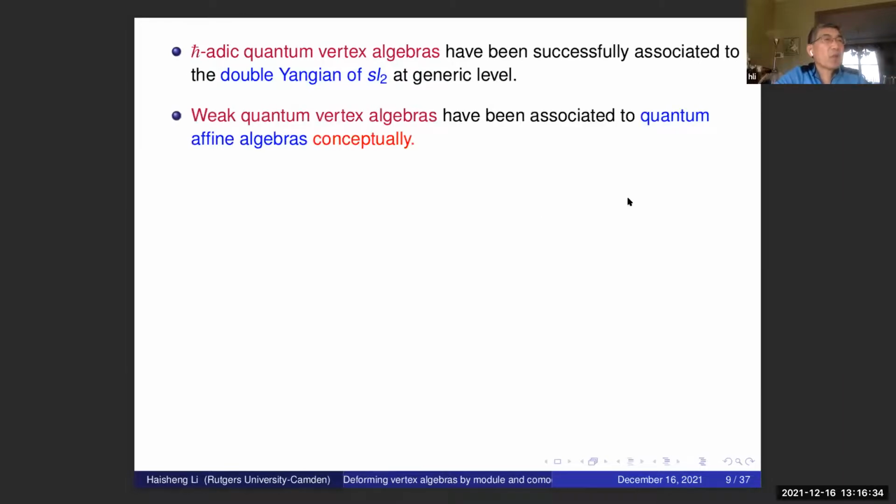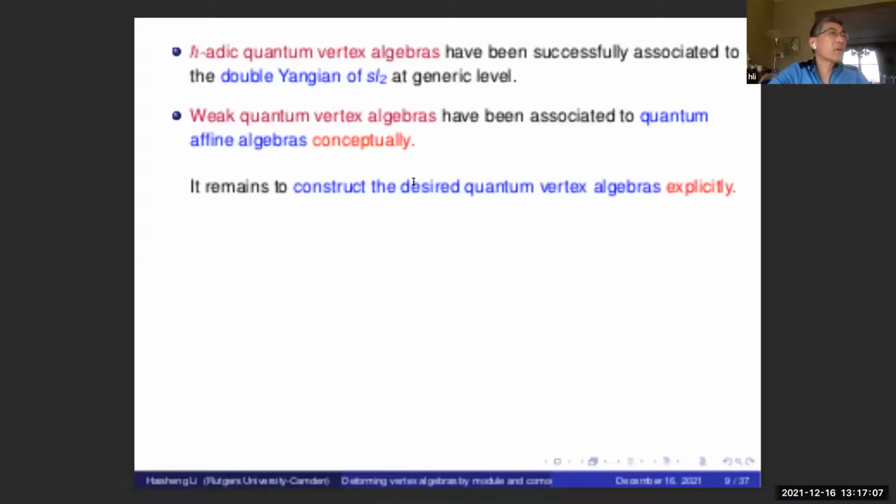And also for quantum affine algebra, and some part down here, I say conceptually, exactly in that picture, means start from quantum affine algebra and you consider a general highest weight module, you consider Drinfeld field generating function, and then use this kind of format, and indeed they generate weak quantum vertex algebra, and then you have that. So this is a rough picture, so that's why I say conceptually.